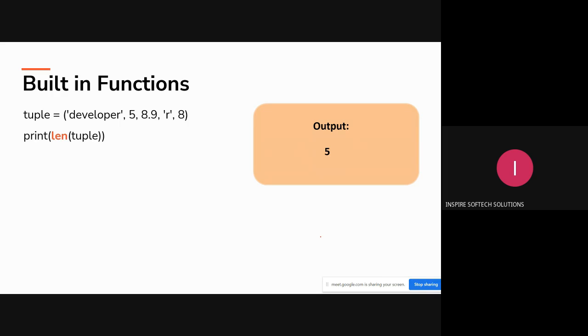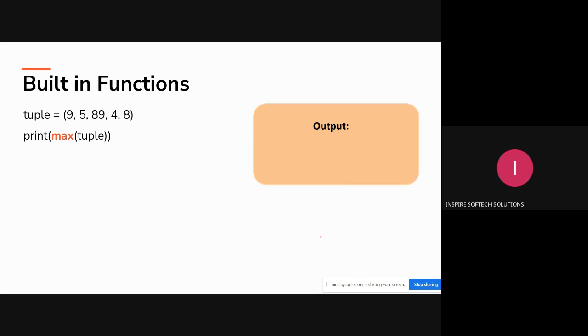Next, the length method. In what topics have you learned the length method? String also we have discussed earlier. List also we have discussed earlier. Tuple also we have discussed earlier. So in all these topics, we have a common inbuilt function called LEN. Next is nothing but max.